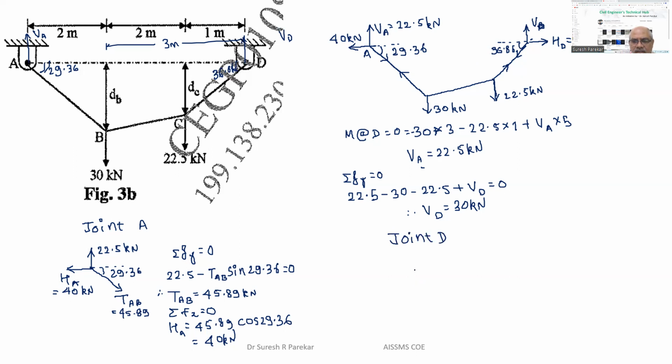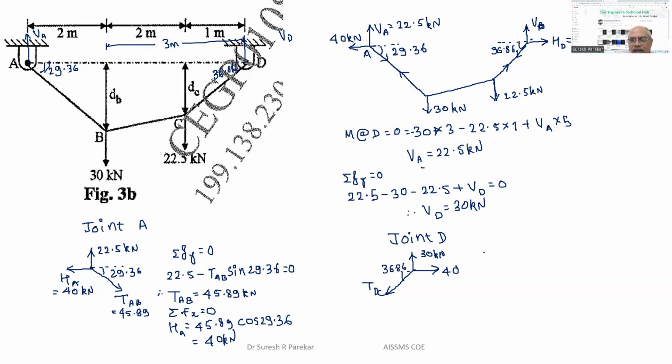Now if I consider joint D, then I have this joint. This is 40, and this is VD, which we calculated as 30 kilonewtons, and this will be tension TDC. This angle we know, which is 36.86.